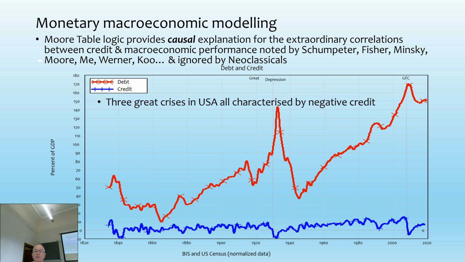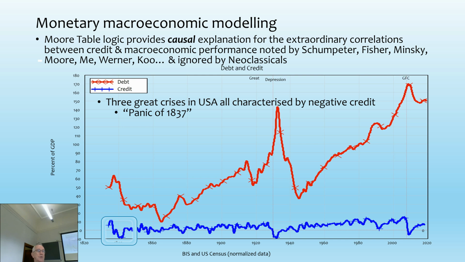We've forgotten about it. It's the crisis of what's called 1837, or the Panic of 1837. And you see there's a massive fall in the level of private debt across that time from a much lower level. But when you look at that in terms of the rate of change as a percentage of GDP, credit was negative 10% of GDP for about 5 years.